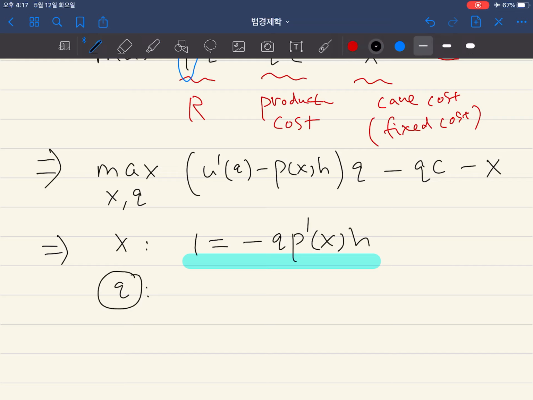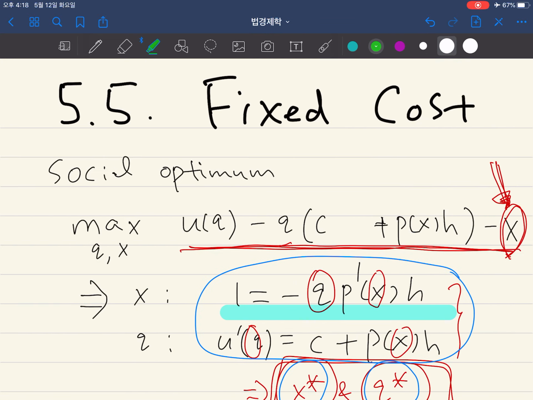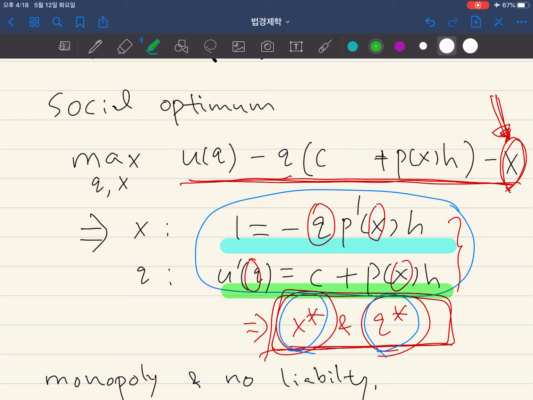if you take the derivative with respect to Q and set it equal to 0, we get this equation. And we can see that this green equation is different. So if you compare these two equations to these two equations from the social welfare maximization problem, the first equation is the same, but the second equation is different.